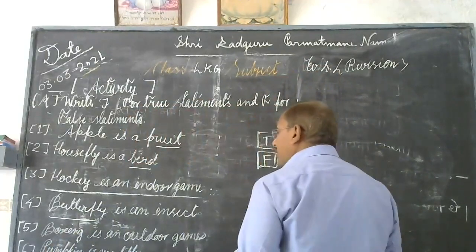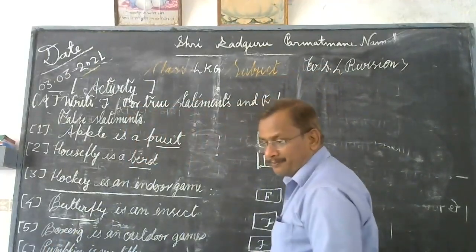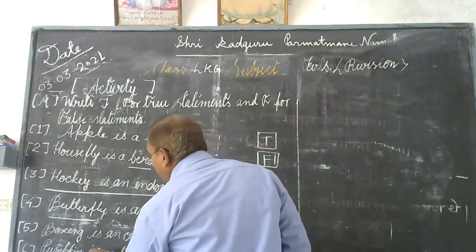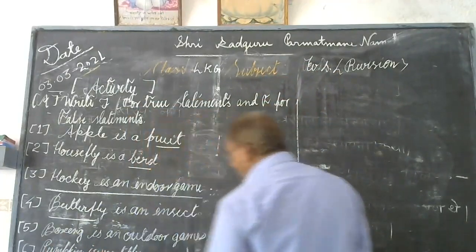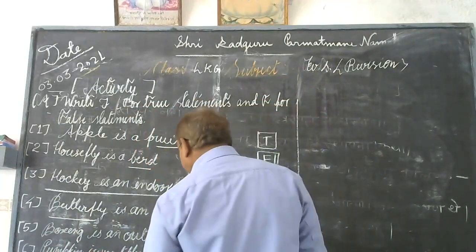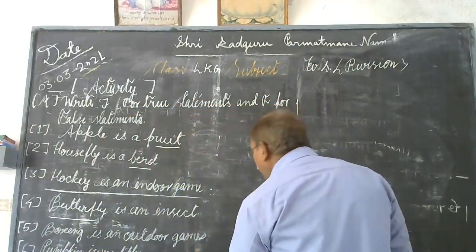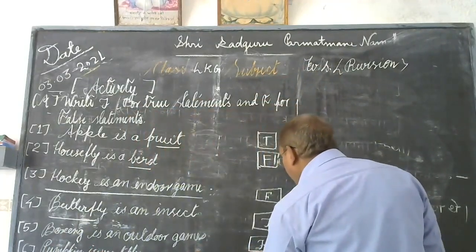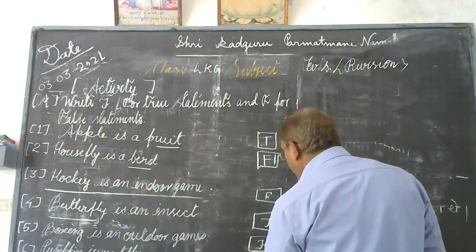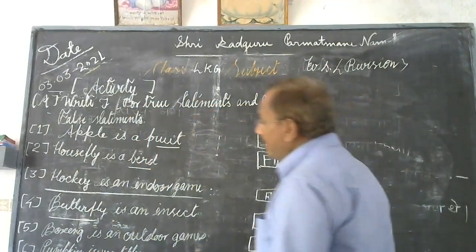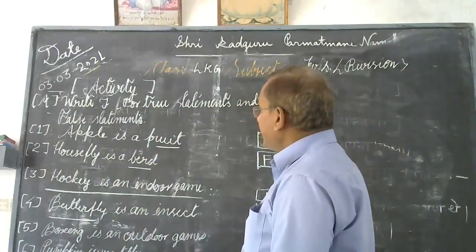So pumpkin is a vegetable. We put T here because it is true.